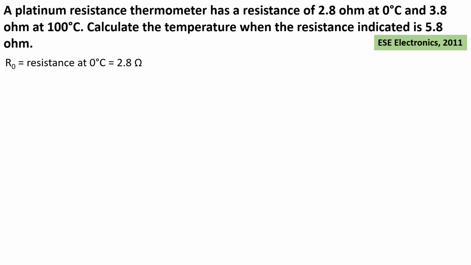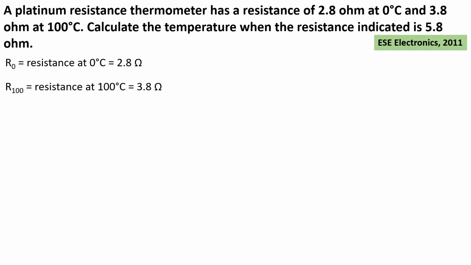So here it is given that the resistance of the platinum wire is 2.8 ohm at 0 degrees Celsius. So R0, the resistance at 0 degrees Celsius, is 2.8 ohm. Similarly, it is given 3.8 ohm at 100 degrees Celsius.